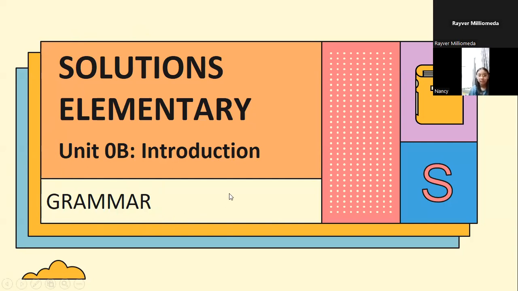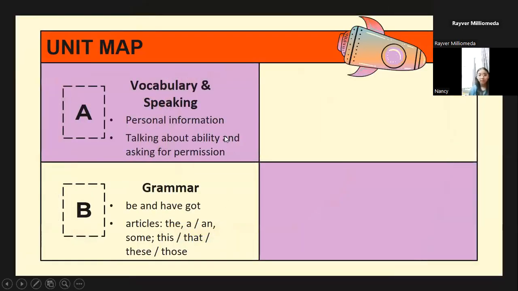It is all about grammar. So here is the unit map, which will help us know where we will start in our lesson. So we are here in the B. Please read. Grammar.